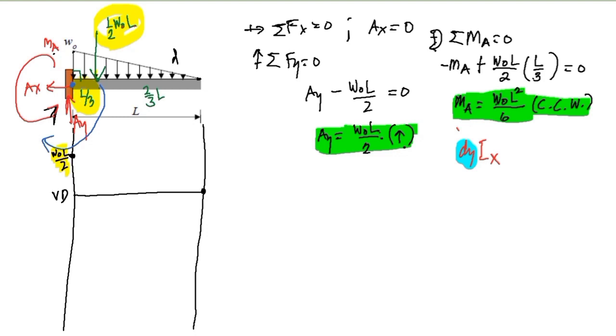Okay? So paano natin gagawin? Kung makikita natin dito, ito yung scenario natin. Nandito si W sub O L over 2, nandito naman yung 0. So ibig sabihin, our next point is at quadrant 4, and this point here is our origin. Ito yung y-axis natin, ito naman yung x-axis natin. Okay? So since decreasing siya, magbe-bend tayo ng y-axis.